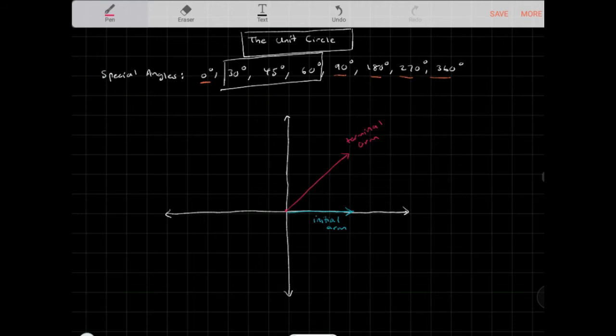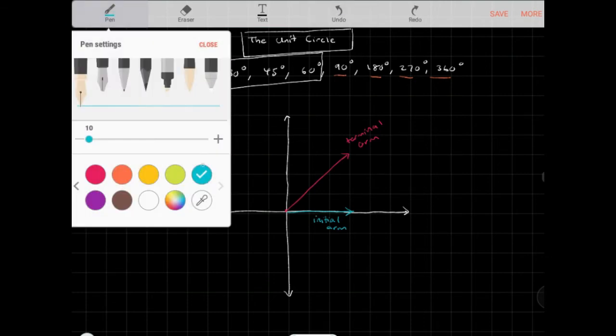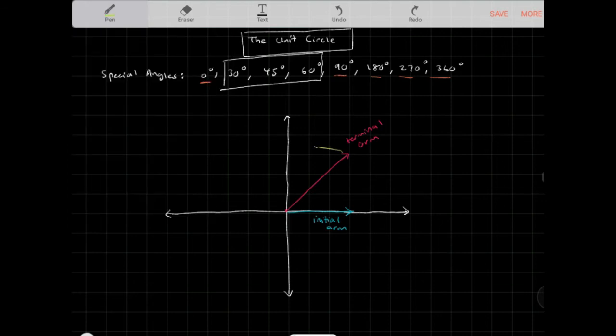Now, a unit circle is a special case of angles in standard position. We know that a full rotation, right? You know what? I'll use a different color. We know that a full rotation is going to give us 360 degrees, right? And a full rotation is going to create a circle.